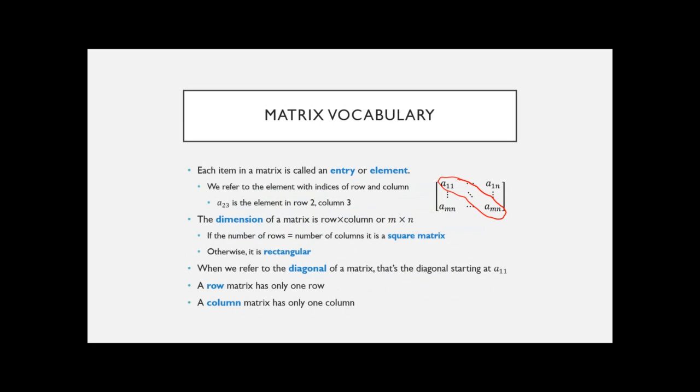The dimensions are always row times column. If the rows are equal to the number of columns, it's square, otherwise it's rectangular. The diagonal always starts at the upper left corner and then goes diagonally down. A row matrix is just a single row. A column matrix is just a single column. So just some vocabulary.